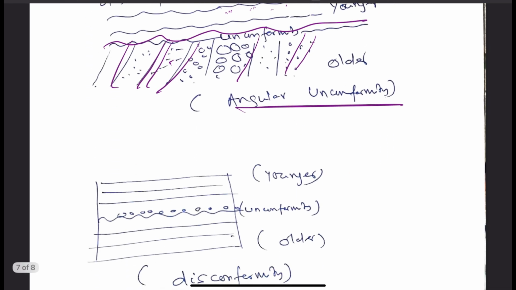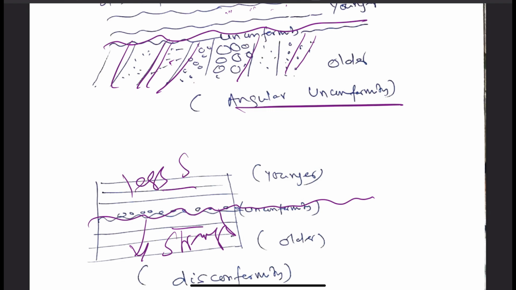In case of disconformity, the attitude of the overlying and lower beds remains more or less the same. But this erosional surface is there, which represents a time gap. These rocks are generally stronger, and these are less strong. They are less consolidated, and these are highly consolidated.